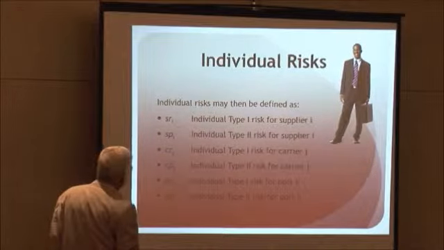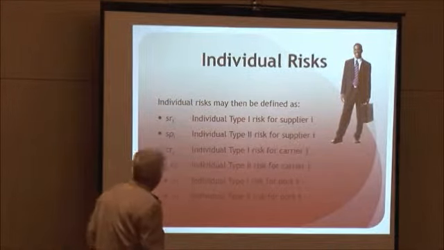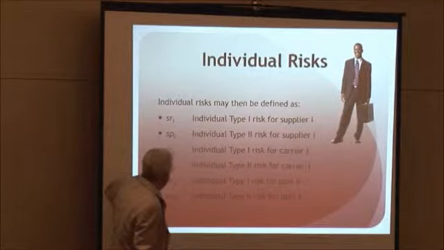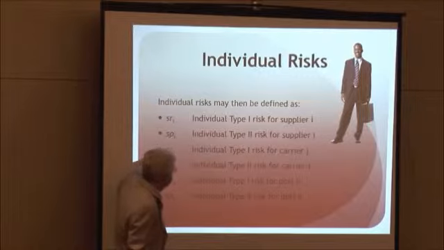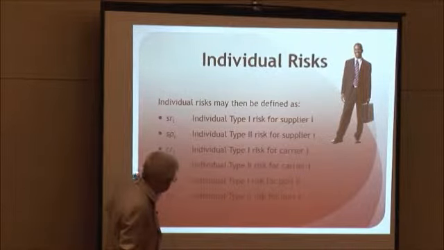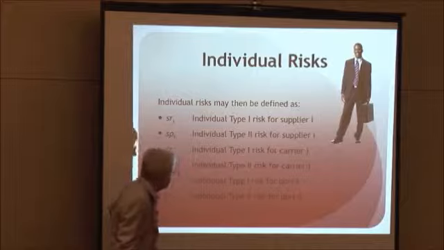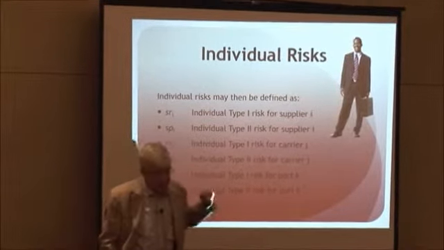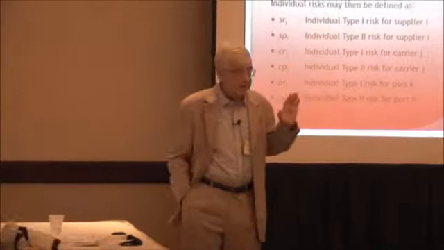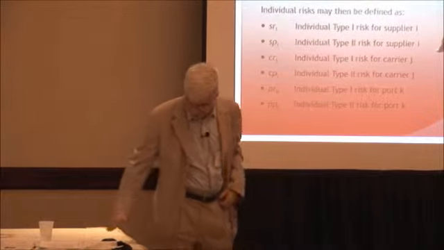The supplier has risk type 1 and risk type 2. For the carrier, we identify also risk type 1 and risk type 2, and for each port that is involved in the process, we identify also risk type 1 and risk type 2. And these are the individual risks associated with each element of the supply chain. Okay?